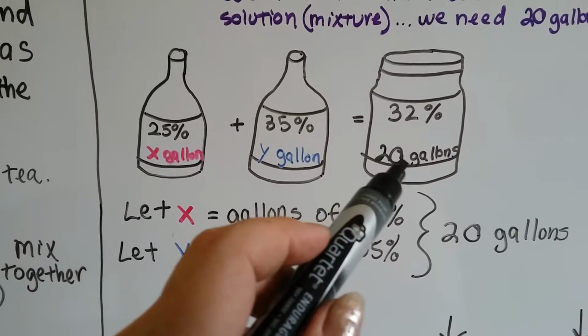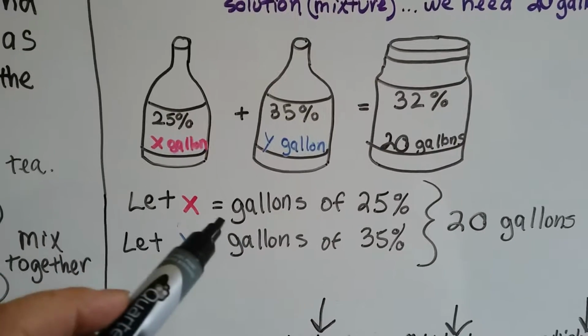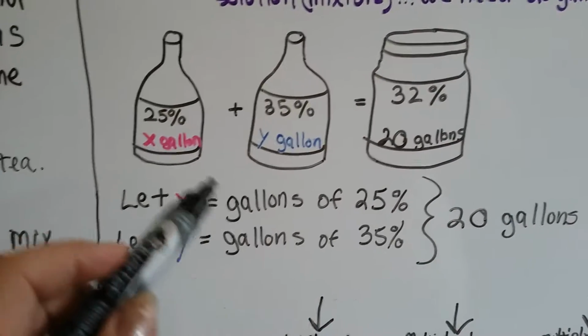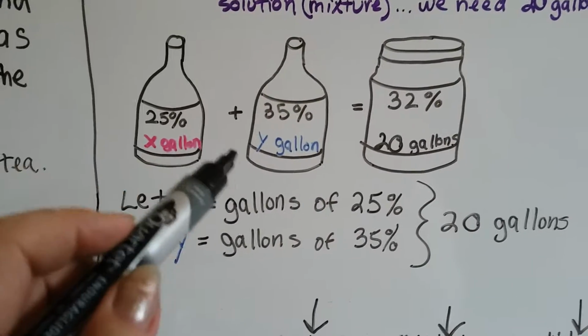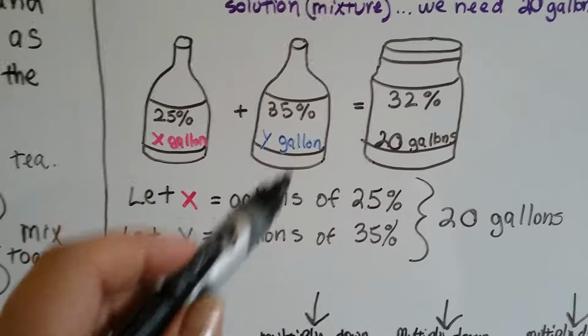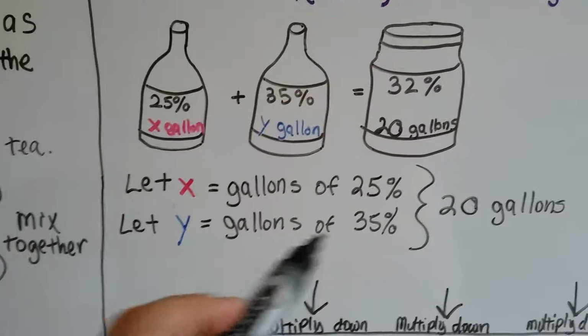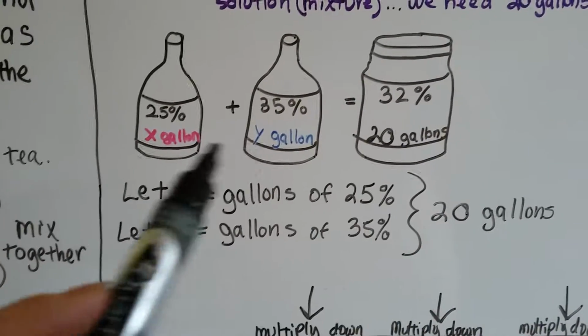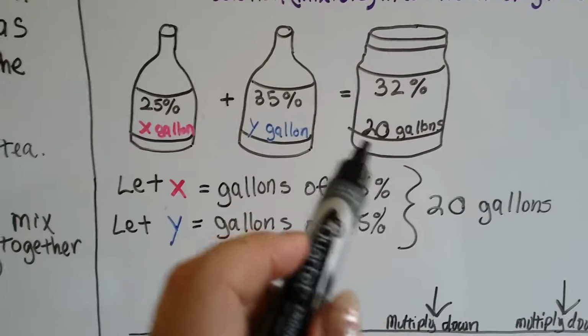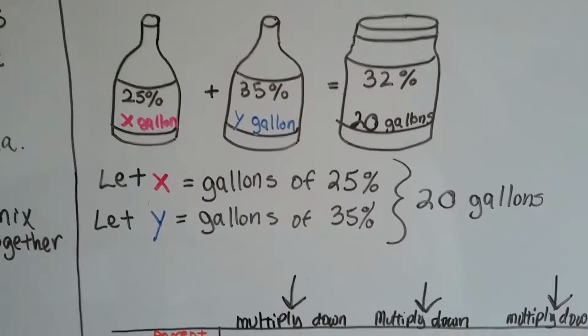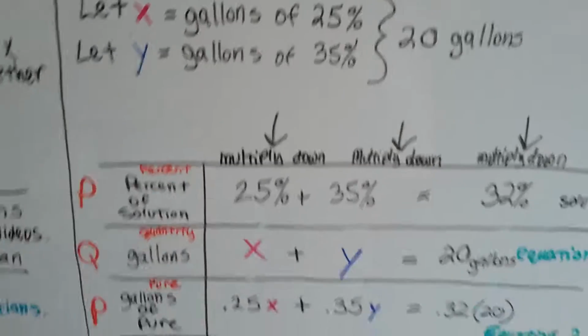We know that the total is going to be 20 gallons, so we're going to let x equal the gallons of 25%. Here's our 35% alcohol, and we don't know the gallons. It's y gallons, because we don't know what it is. We just know that if we add this one to this one, see we're adding, that it's going to equal the 20 gallons, okay? So now let's plug our information into our table.